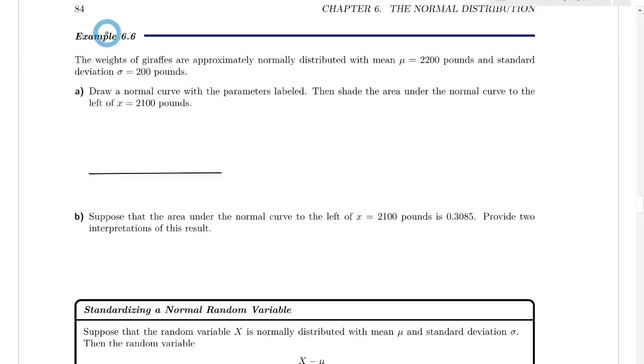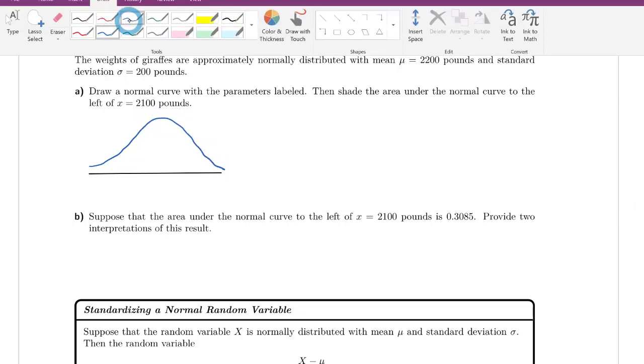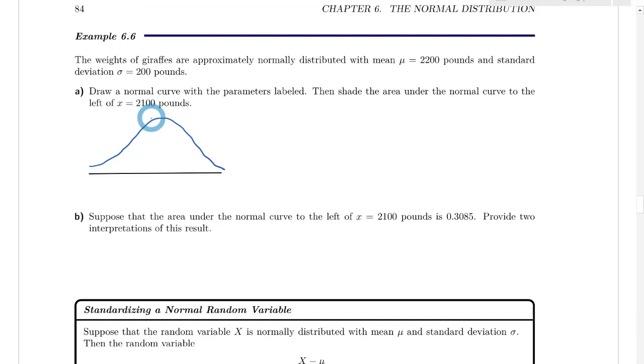Then we'll draw the normal curve as best we can. I'll label the mean in the middle, so 2,200.